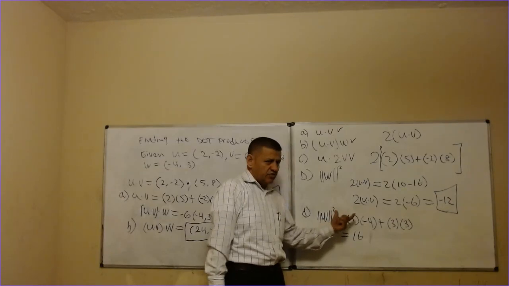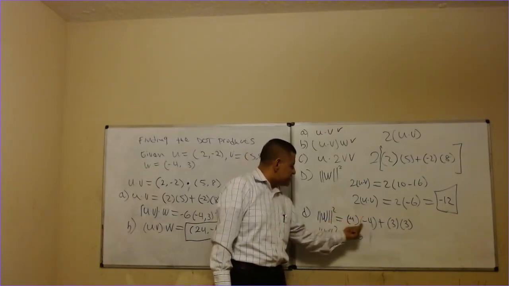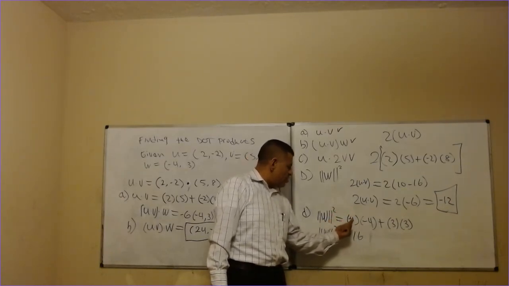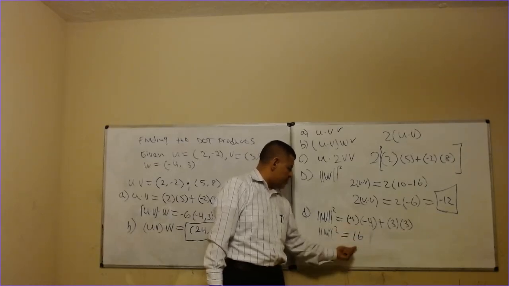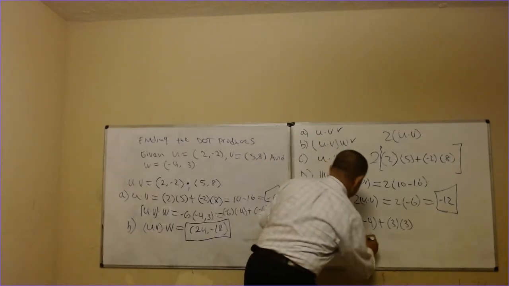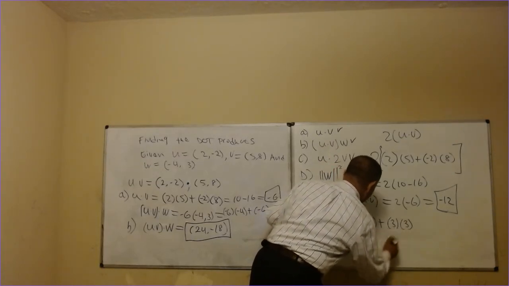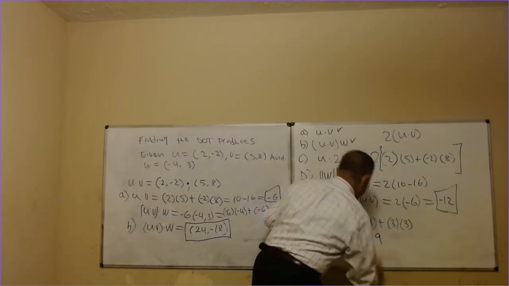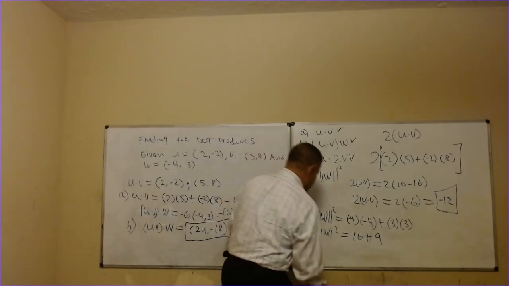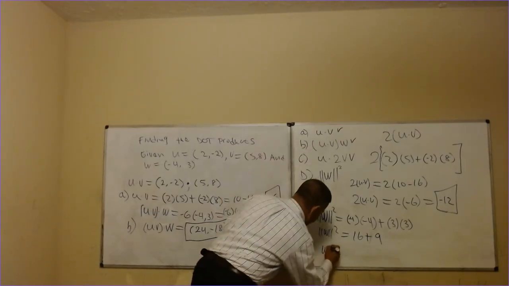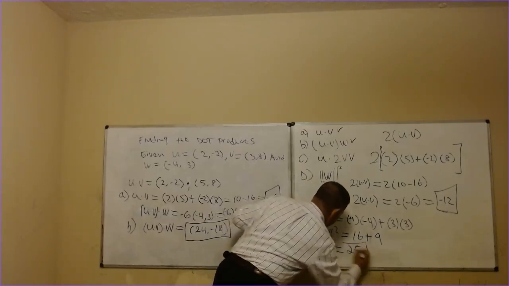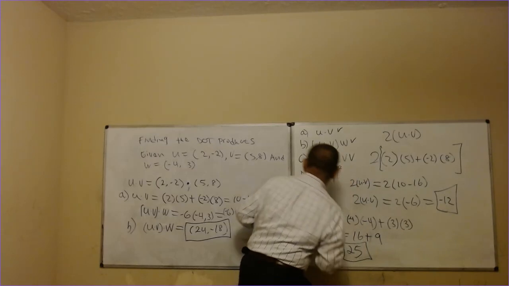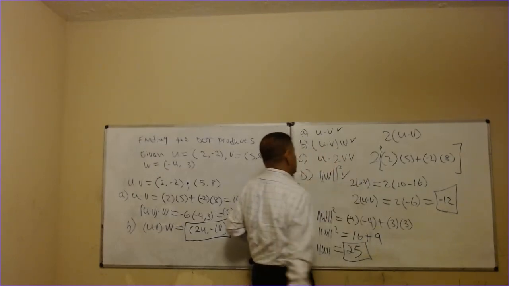In other words, multiply each term by itself. Negative 4 times negative 4 is equal to 16, plus 3 times 3 is 9. When I add those together, I get that W squared is equal to 25. So that is that one.